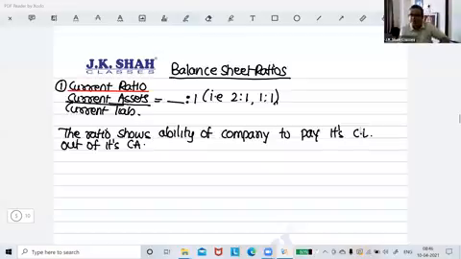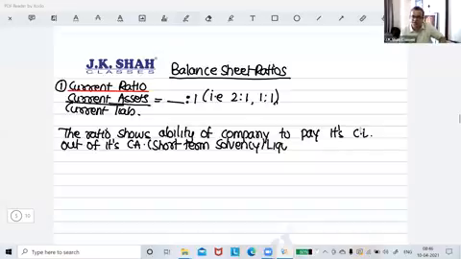What does it show? The ability of a company to pay its current liabilities out of its current assets. So it basically talks about short-term solvency, or we can also call it liquidity.